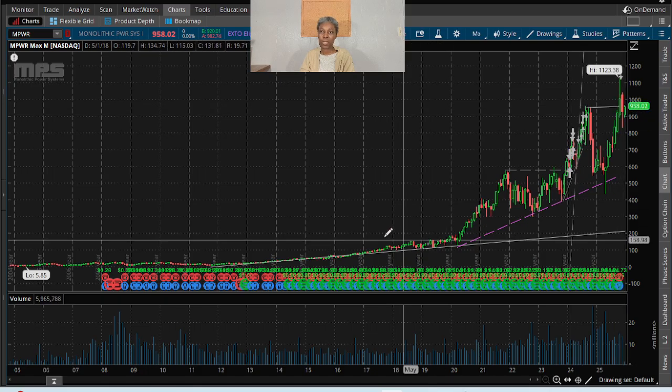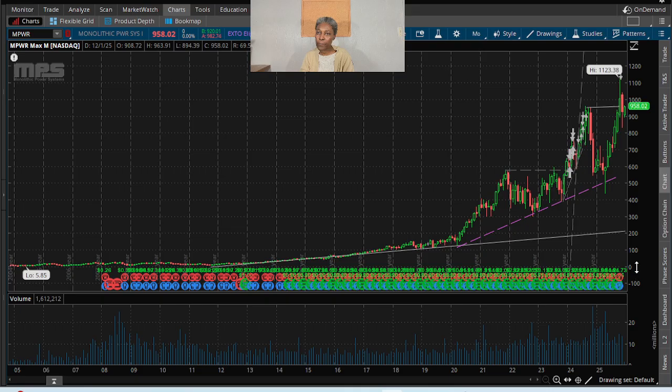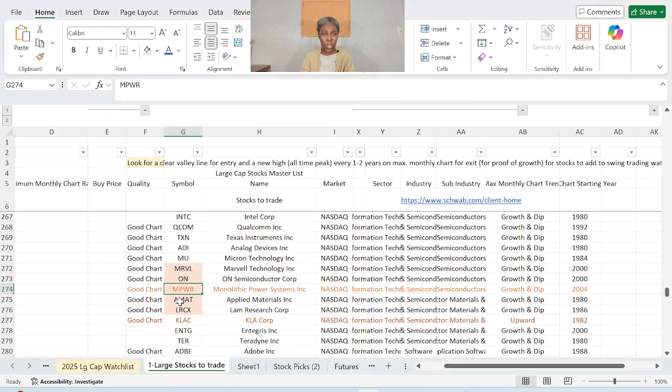So yes for buying this one. We purchased it somewhere higher up and sold it somewhere there and made some profit on it. Right now it seems to be going down, but it's nowhere near the valley line where we like to buy. But yes, for the 2026 watch list.